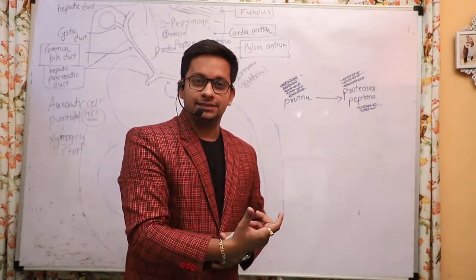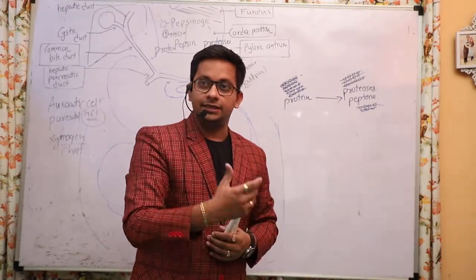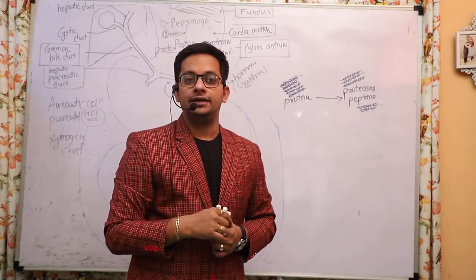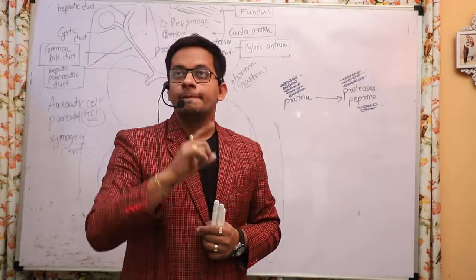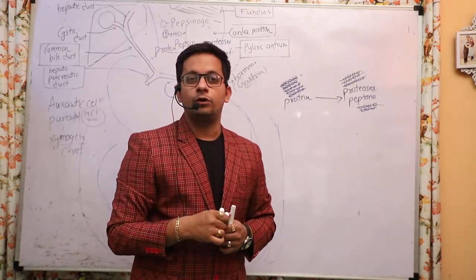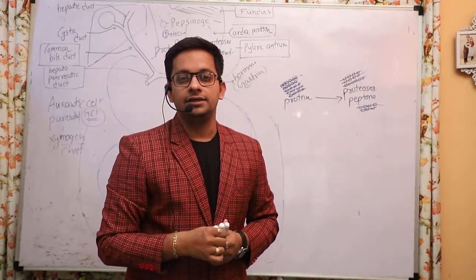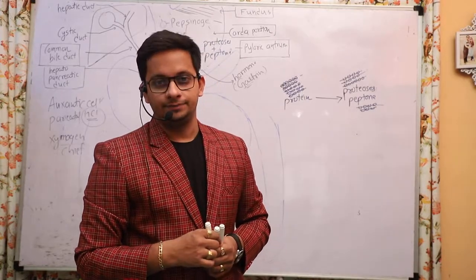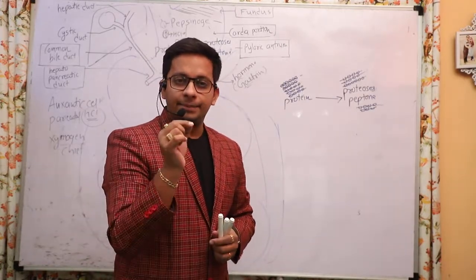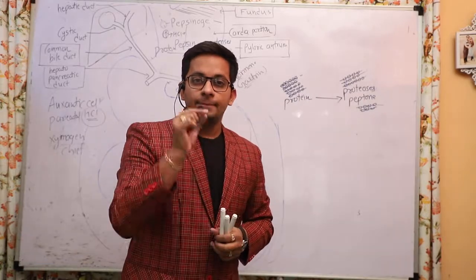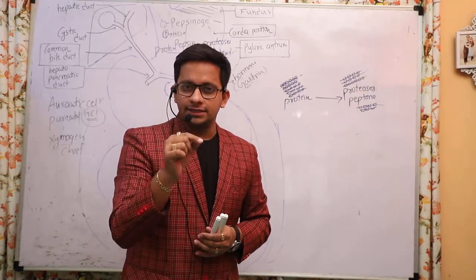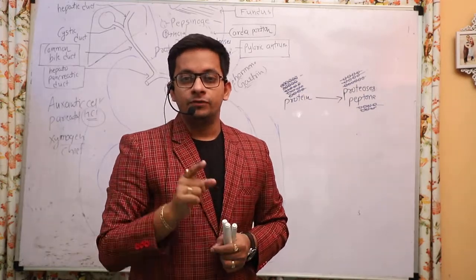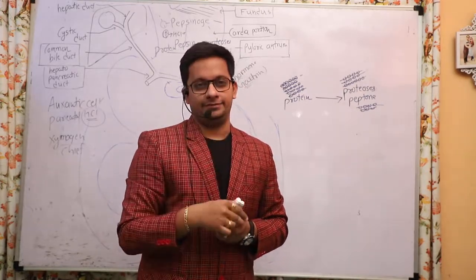Due to this gastrin, the HCl will be secreted. HCl is secreted from oxyntic cells and pepsinogen is secreted from zymogen cells, also called chief cells. Now, in the presence of HCl, pepsinogen will be converted into pepsin. This active pepsin will digest the protein.